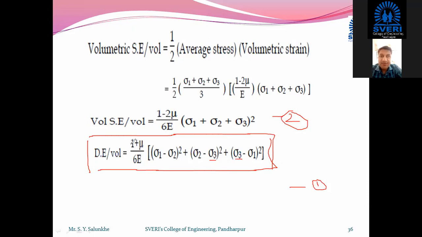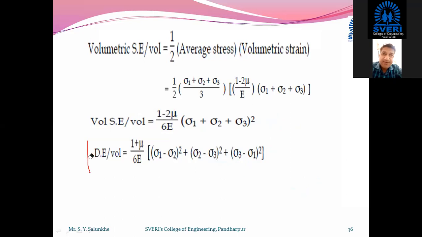This equation will become (1 plus mu) divided by 6E into bracket (sigma 1 minus sigma 2) square plus sigma 2 square plus sigma 1 square. Okay. Here the minus sign is there, but while taking the square, we are going to get this plus only. For 2-dimension.